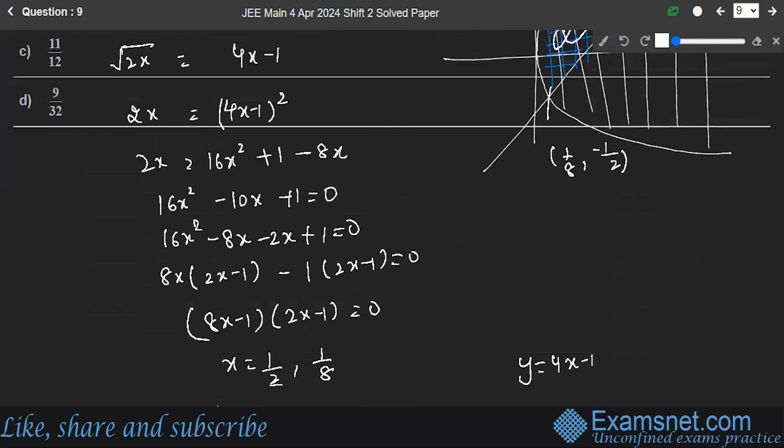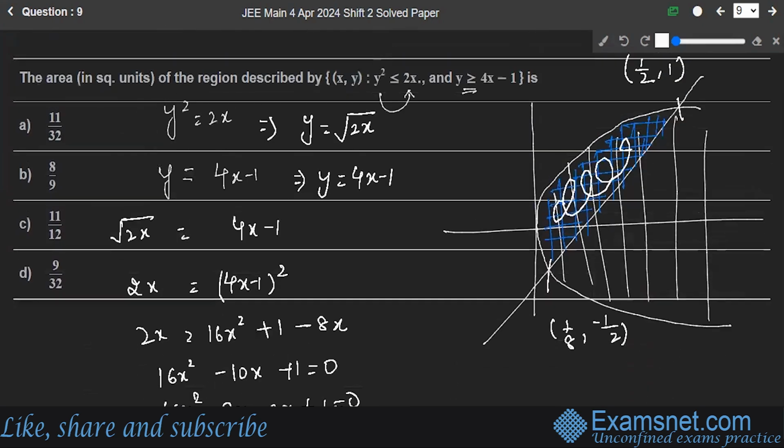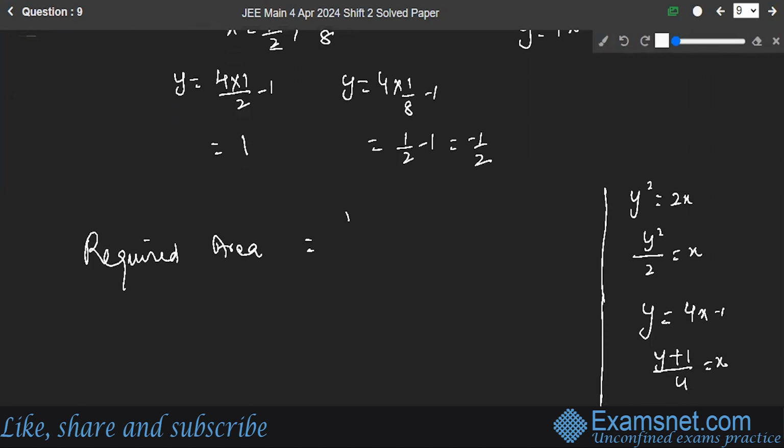So the area bounded by this line minus the area bounded by this curve is given by, starting from minus 1 by 2 to 1, the integral of (y plus 1) upon 4 minus y squared upon 2 dy.